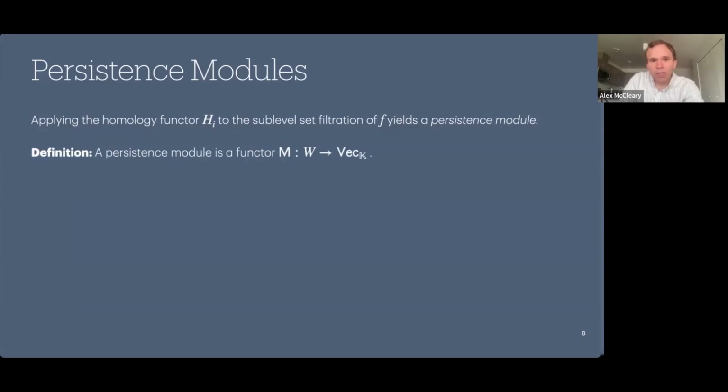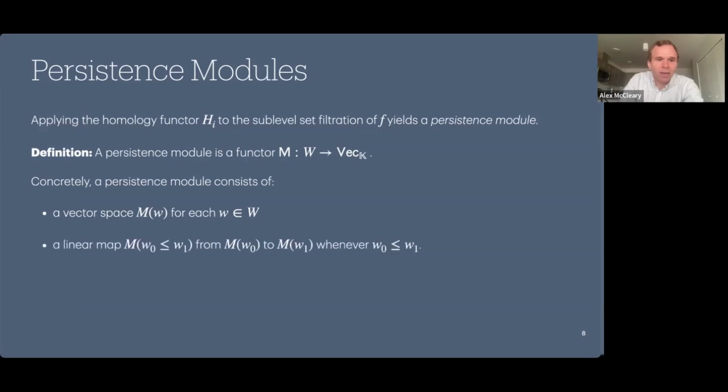Formally, a persistence module is just a functor from our well-ordered set into the category of vector spaces. But concretely, what this consists of is a vector space for each point in our well-ordered set and a linear map for each relation in our well-ordered set. And these linear maps are subject to a commutativity condition, but we're not going to go through that.